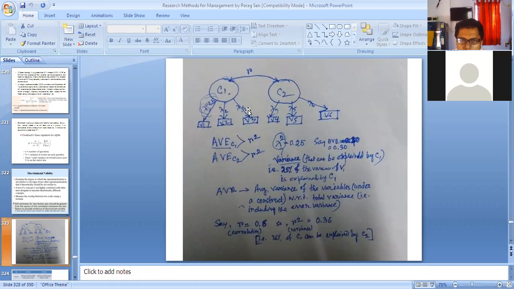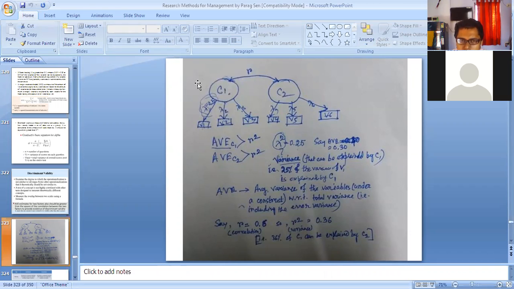What I'm trying to say is that these variables must be very closely associated with this particular construct. But if your r square is greater than the average variance extracted, then we can see that this is more oriented to C1, because 36% of C1 can be explained by C2.